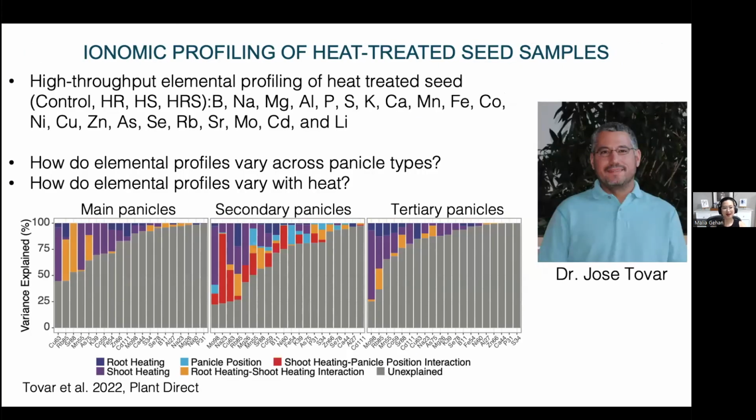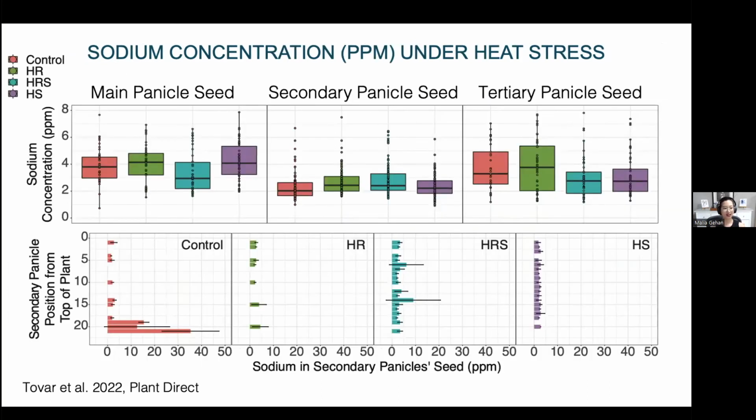Just as the last two slides, I mentioned at the beginning that we weren't sure if there were going to be changes in the nutritional quality of the seeds collected under heat stress. Even though there's no reduction in yield in the heated root samples, we do see differences in the ionomic profiles of those seeds, even though the yield is the same.